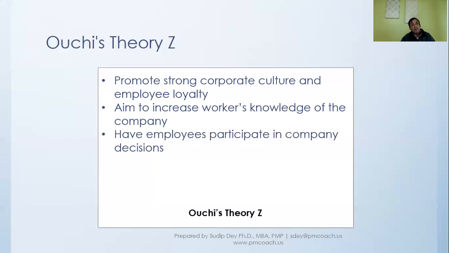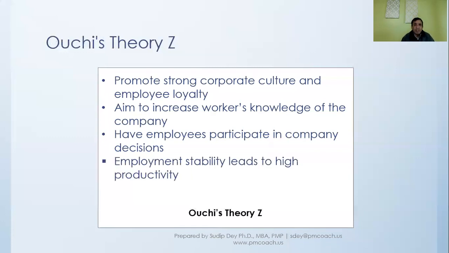And have employees participate in company decisions, so they become part of the company. They make decisions, they participate in company decisions. So they have that sense of ownership in the company, and that's when they'll have initiative and they'll perform better.